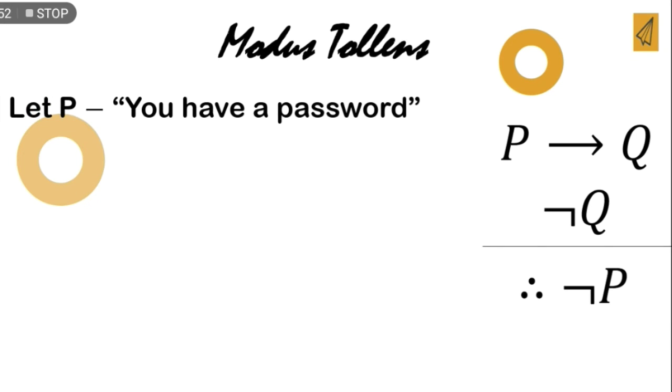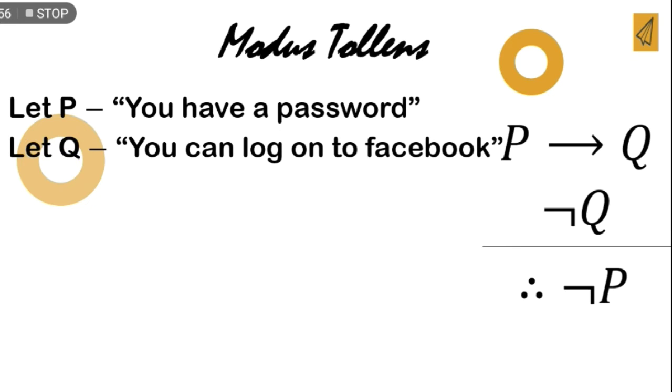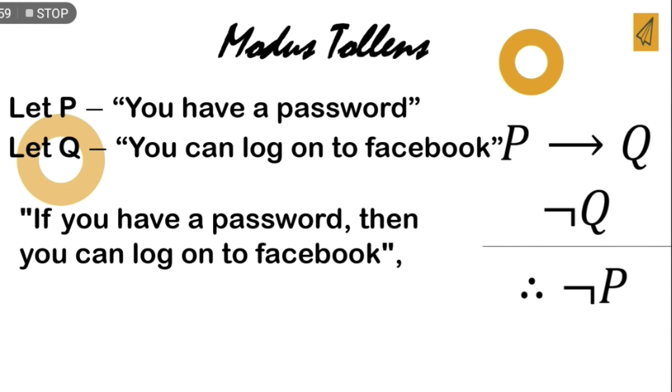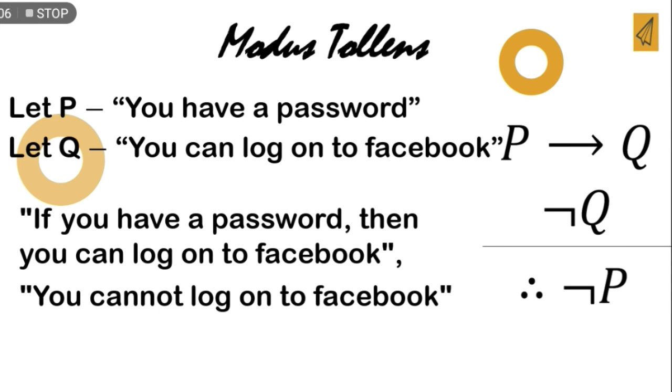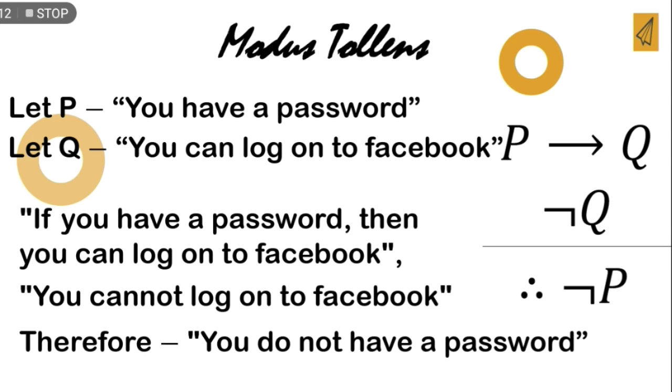Say for example, let P be "you have a password" and let Q be "you can log on to Facebook." If you have a password, then you can log on to Facebook. That is our P then Q. You cannot log on to Facebook. That is our negation of Q. Therefore, you do not have a password. Negation of P.